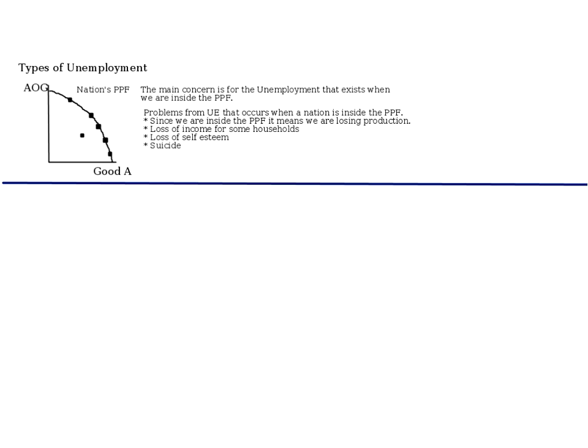First off, let's talk about the types of unemployment. I'm going to categorize them. I'm just going to give you the main types, and then we will talk about how they differ from each other, what the significance of them are.